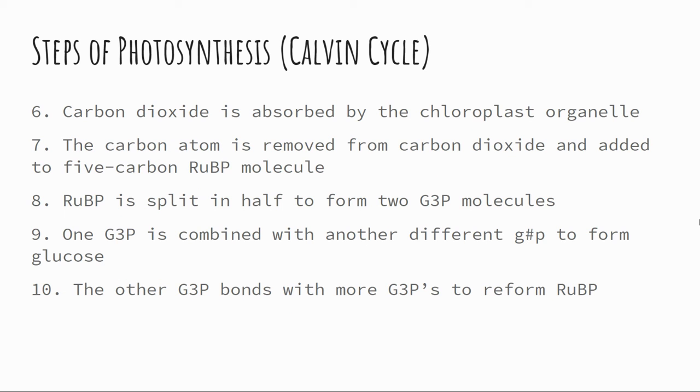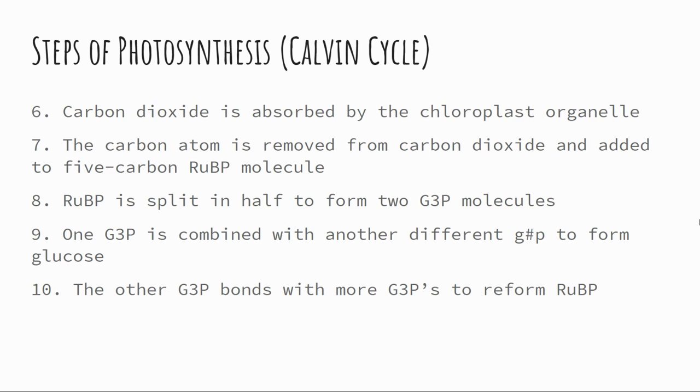In the Calvin cycle, carbon dioxide is absorbed by the chloroplast, and the carbon atom is removed from oxygen, and oxygen is released. That carbon atom is combined with a 5-carbon molecule called RuBP. This creates a 6-carbon molecule. After it becomes a 6-carbon molecule, it quickly divides into two G3Ps.